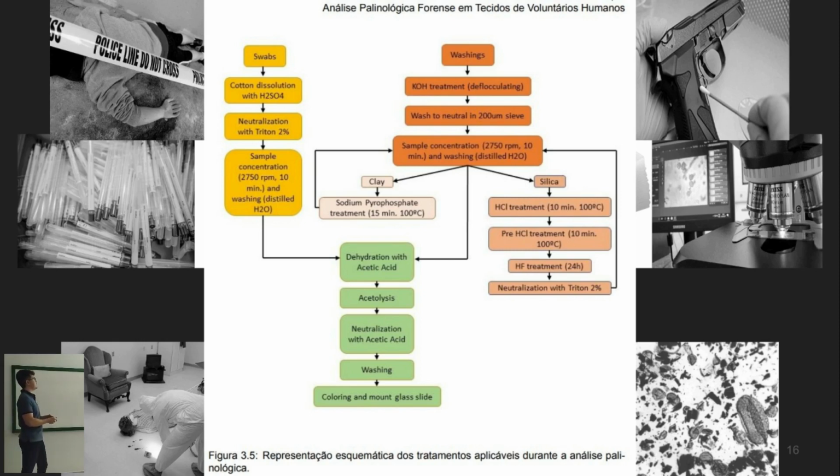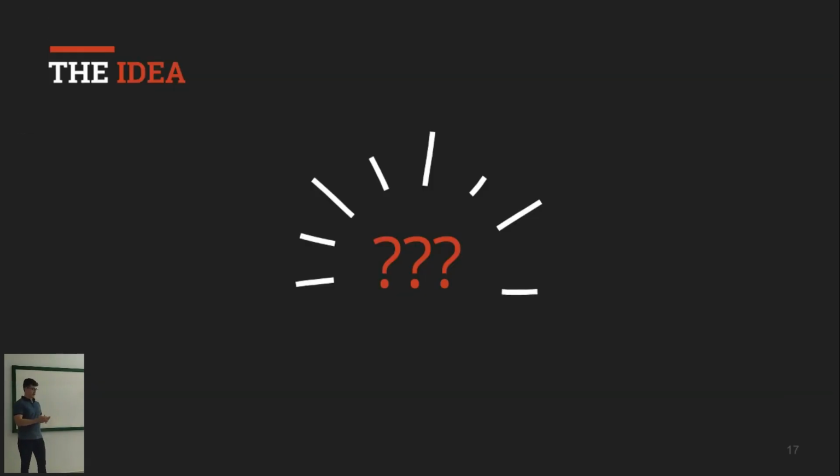After that, we have the neutralization with 2% of a chemical element. And after that, the sample in the centrifuge with the RPM of rotation. And after that, a washing with distilled H2O water. And after these steps, we have the dehydration with acetic acid, acetolysis, neutralization again, and finishing the grains. So hard to do.